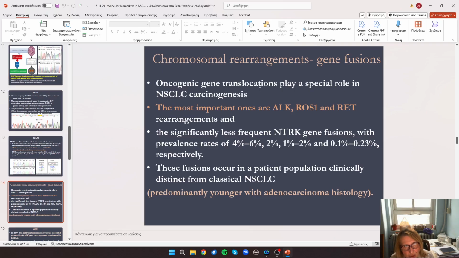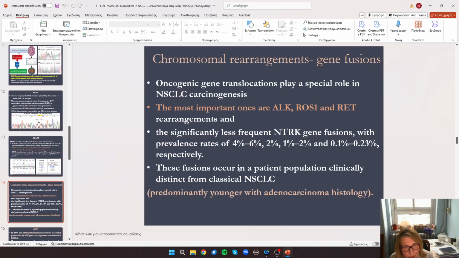These translocations lead to new fusion genes that are transcribed to a chimeric mRNA, and at the end they are translated to new fusion proteins. The most important genes that are rearranged in non-small cell lung cancer are ALK, ROS1 and RET, and less frequently the NTRK gene.